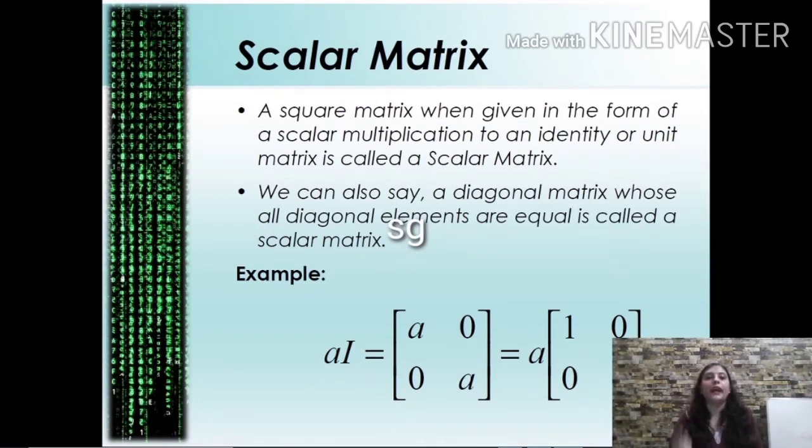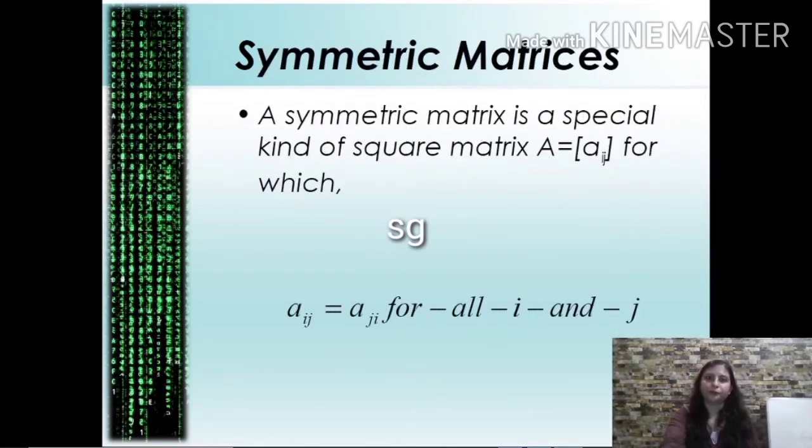But since we have 1 and 1 in the principal diagonal, they will be multiplied with the scalar A, and we have A, 0, 0, A as the scalar matrix. We can also say a diagonal matrix in which all diagonal elements are equal is called a scalar matrix. Here you can see 0 is present in all the elements other than the principal diagonal, and in the principal diagonal both the elements are A, so we can say it's a scalar matrix as well.